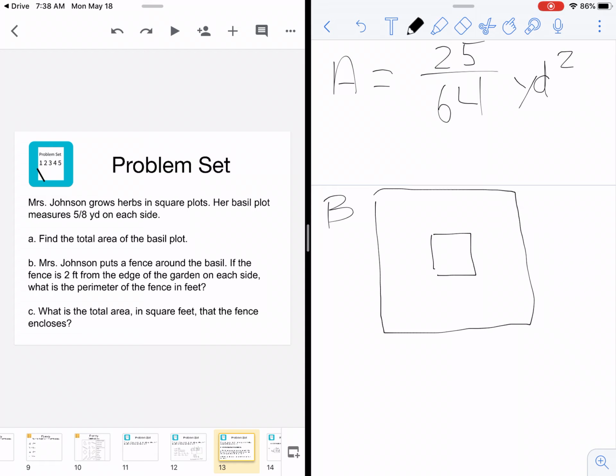So it's asking that if the fence is 2 feet from the edge of the garden, so this area is 2 feet. 2 feet on all sides. What is the perimeter of the fence? And remember, the word perimeter is all the way around, just the length of the sides around. Okay?